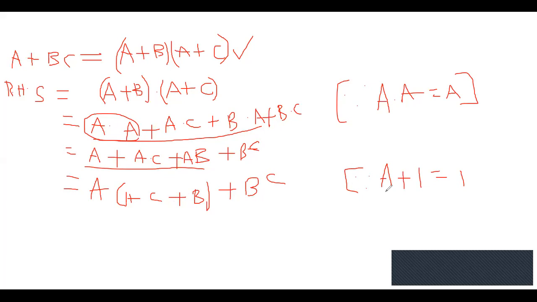If any variable is doing OR operation with 1, then we get the answer as 1. That is the same here. Instead of A, C plus B is there. So 1 plus C plus B is equal to 1. You must write the theorem also.